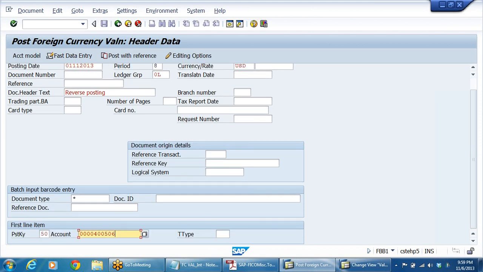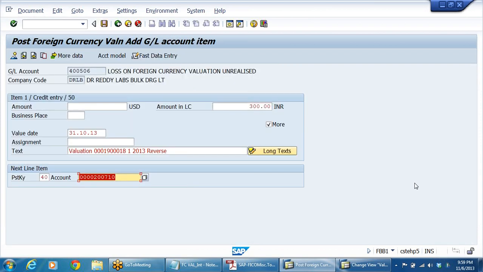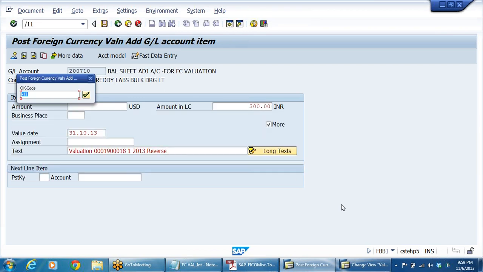Here loss on foreign currency unrealized is going to be created. The balance sheet adjustment account will be debited. See, the same balance sheet adjustment account the system is debiting. Valuation so and so reverse. Even the narration the system is giving. Everything is perfectly set by the system.